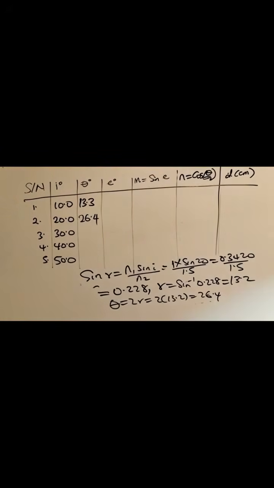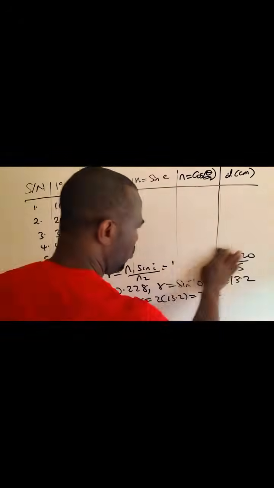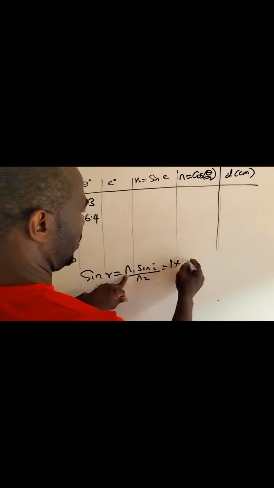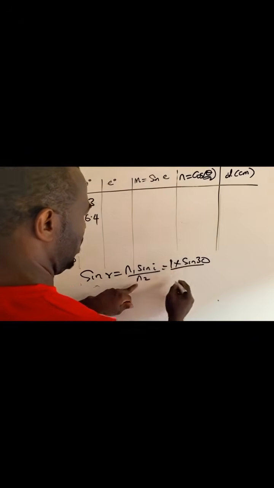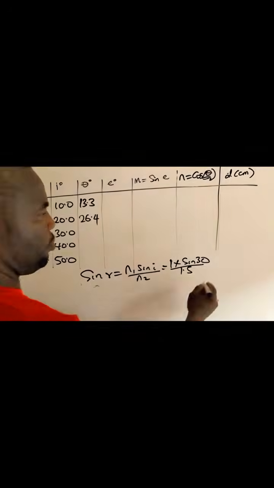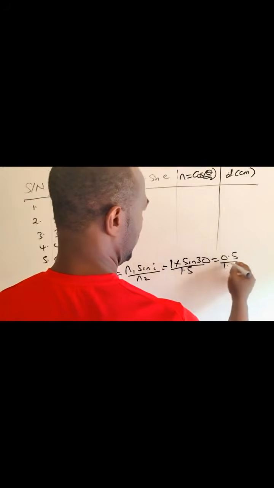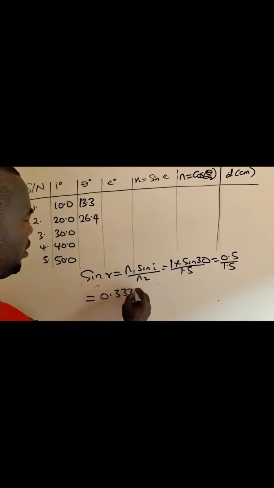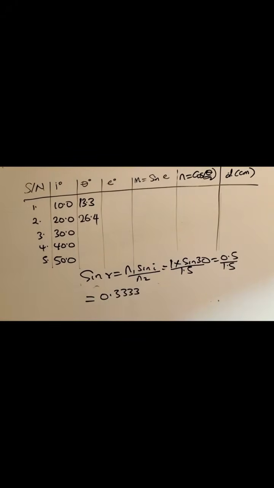You see, it appears to be increasing. So when I pick the third angle, incidence of 30 degrees, I have N1, 1 times sine 30, all over the index of glass 1.5, which is 0.5 all over 1.5, since sine 30 is 0.5. When you divide 0.5 by 1.5, you get 0.3333, to 4 figures because you're using the 4-figure table.